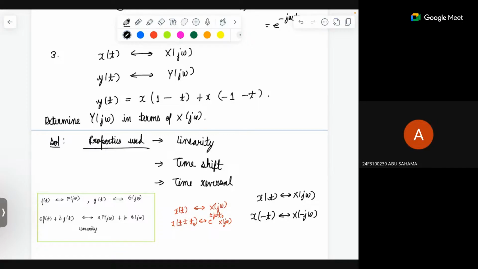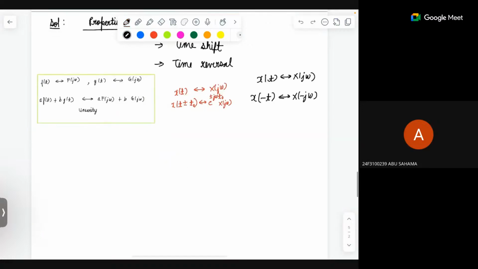Okay, now I will also start solving. So let us first take the first term. So x of minus t plus 1. I start from here. I do time shift first. So time shift will give me e raised to the power of j omega X of j omega.